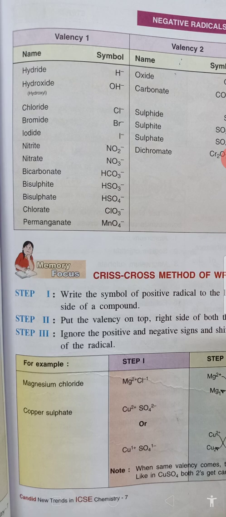Hydroxide is OH minus, chloride Cl minus, bromide Br minus, iodide I minus, nitrite NO2 minus, nitrate NO3 minus, bicarbonate HCO3 minus, bisulfite HSO3 minus, bisulfate HSO4 minus, chlorate ClO3 minus, permanganate MnO4 minus.